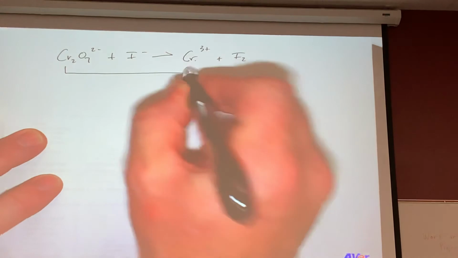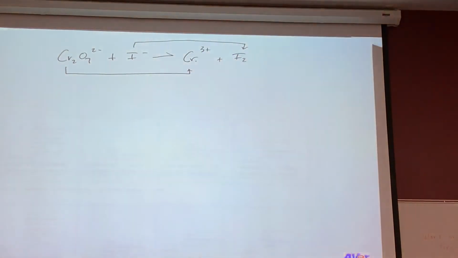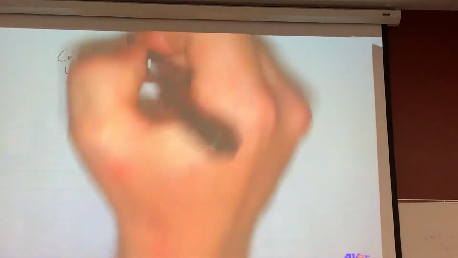Cr2O7 becomes Cr3+. Okay, so hold on. If you don't remember, what happens to the iodine? Is it oxidized or reduced? Look at the oxidation numbers. It goes from a 1 minus to a 0.